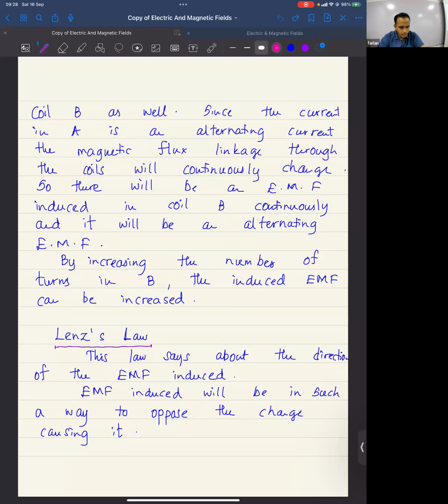Full stop. So there will be an EMF induced in coil B continuously, and it will be an alternating EMF. Full stop.